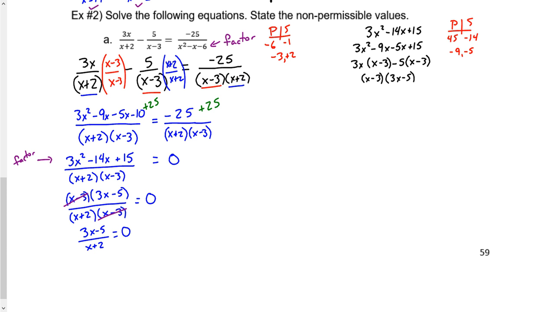I'll probably show that on the next example. But now that we've eliminated anything that's in common, now is the time that we can get rid of this denominator. So by multiplying both sides by an x add 2, that's gone. And we'd have 3x subtracting 5 equals 0. In order to solve this, add 5.